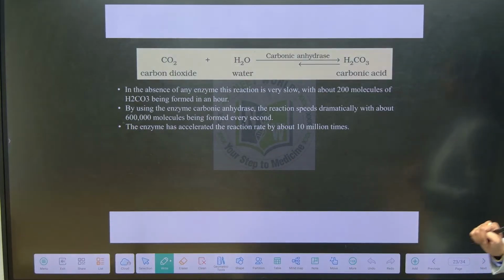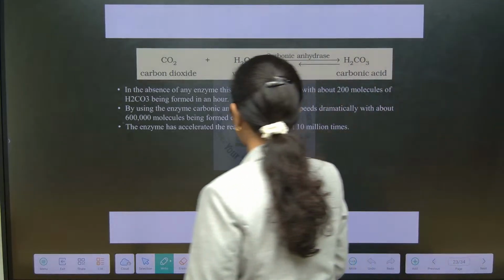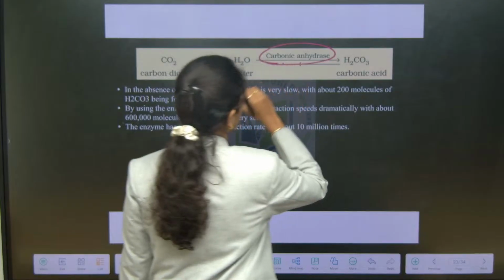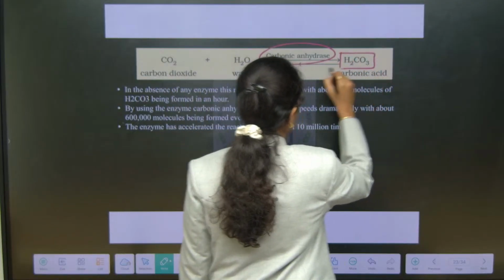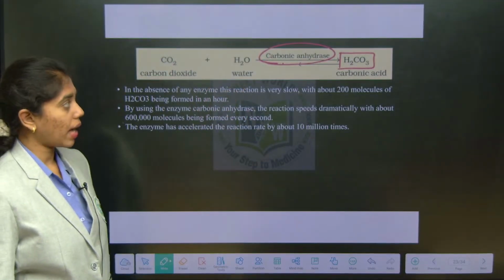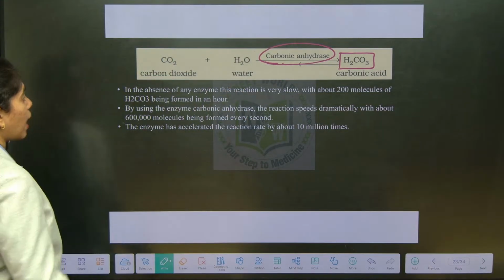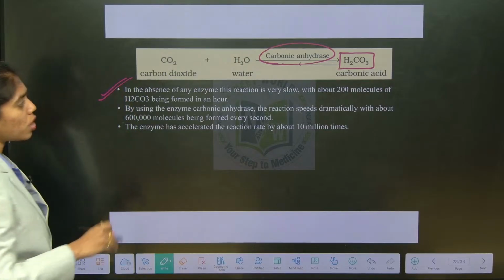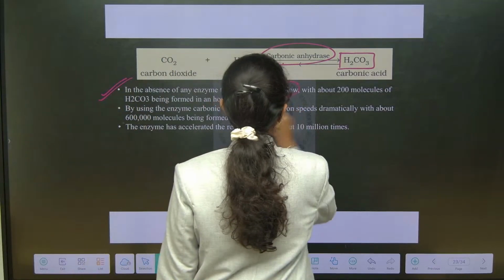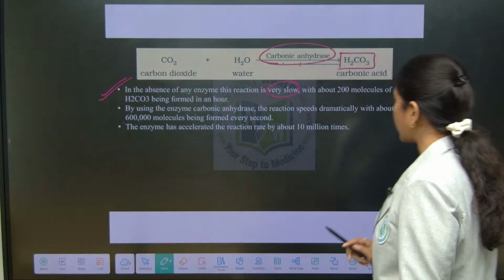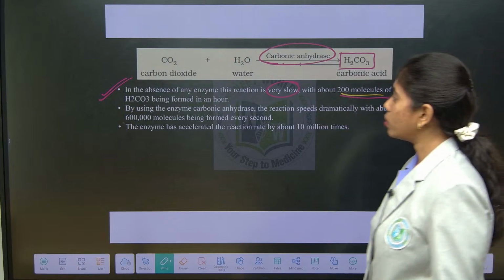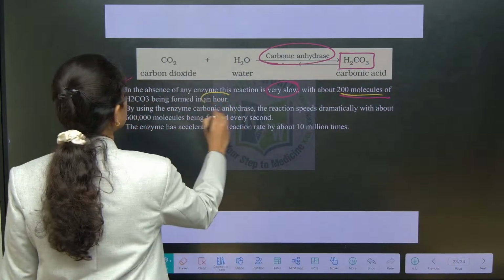Now, carbon dioxide and water. In the presence of the enzyme carbonic anhydrase, this forms carbonic acid. In the absence of any enzyme, this reaction is very slow, with about 200 molecules of hydrogen carbonate being formed in a single hour.